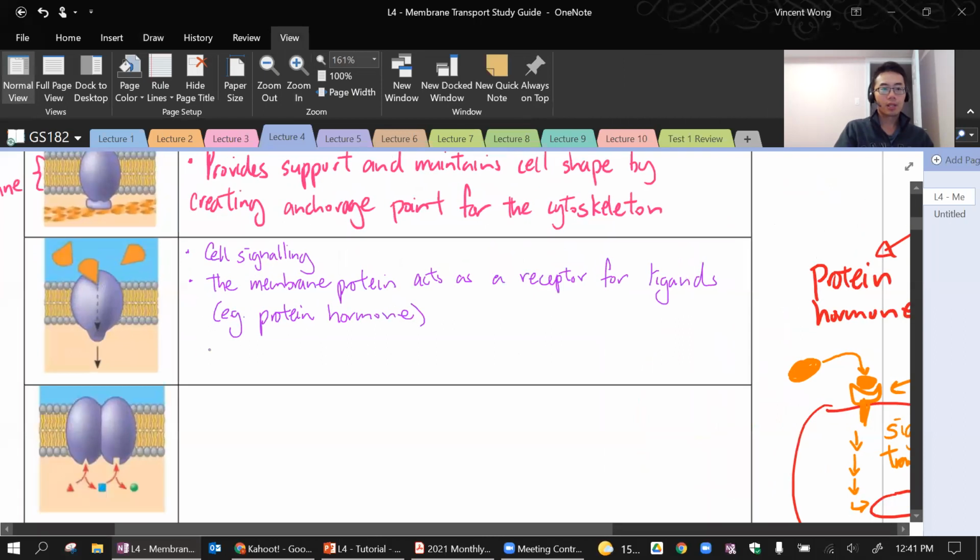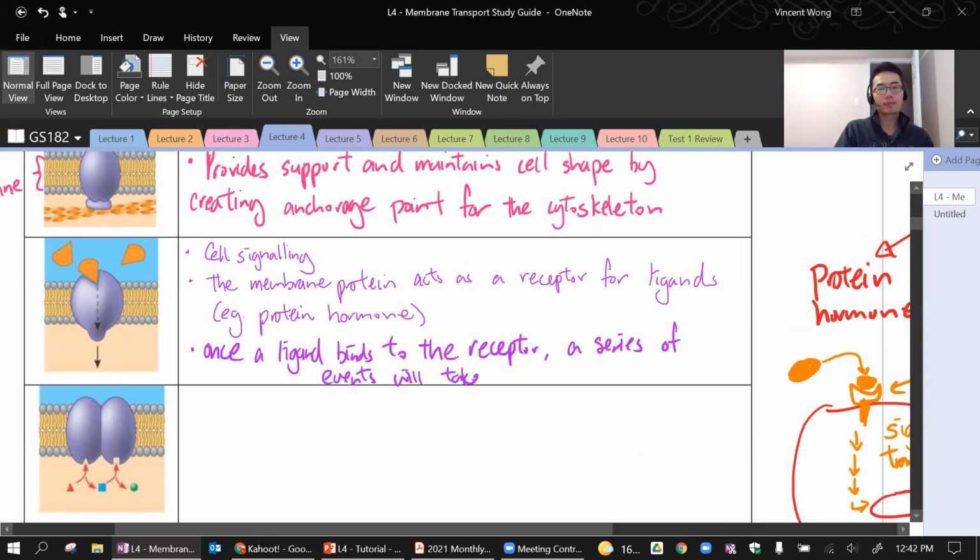So once a ligand, and it doesn't have to be a hormone, it could be a bunch of other things, once a ligand binds to the receptor, a series of events, that's the signal transduction cascade, but it's really just a series of events, will take place inside the cell.